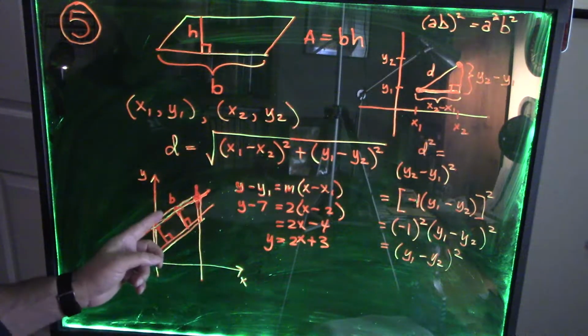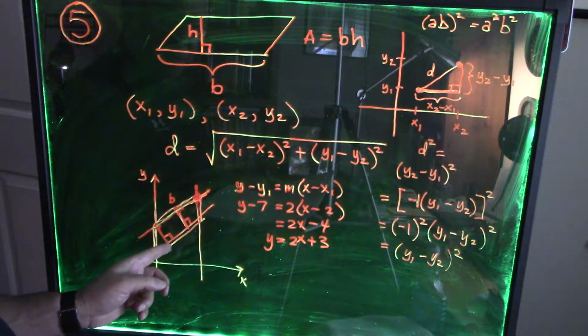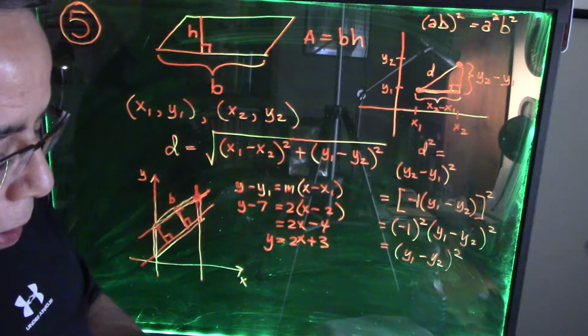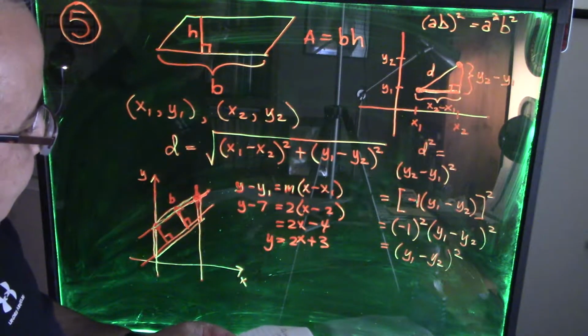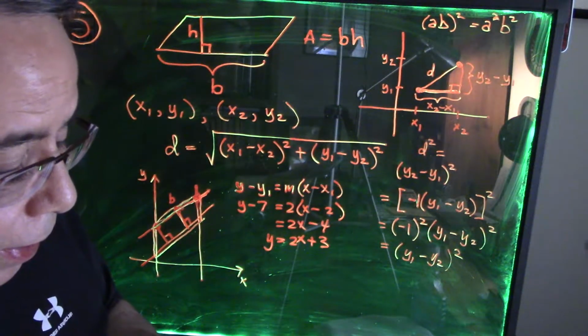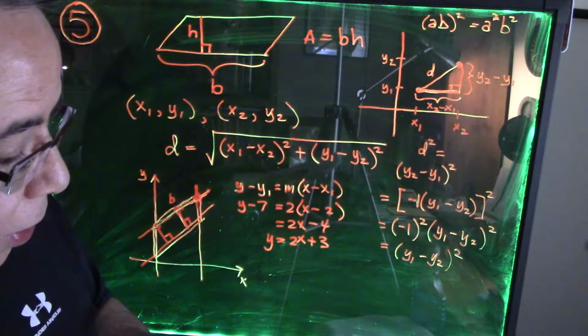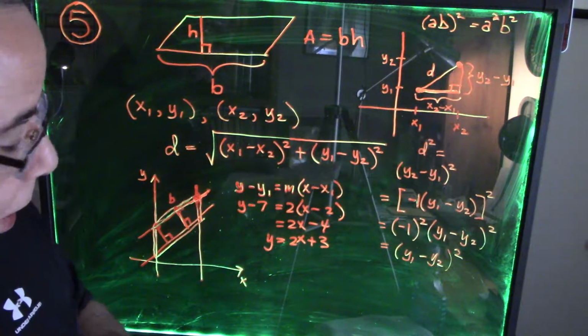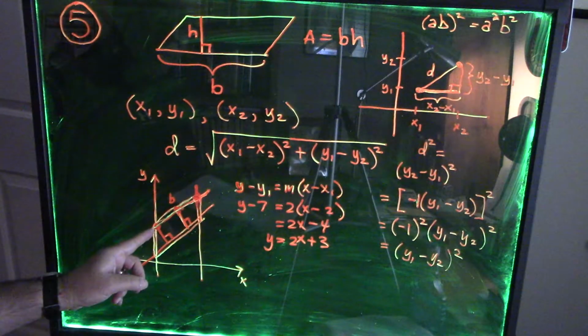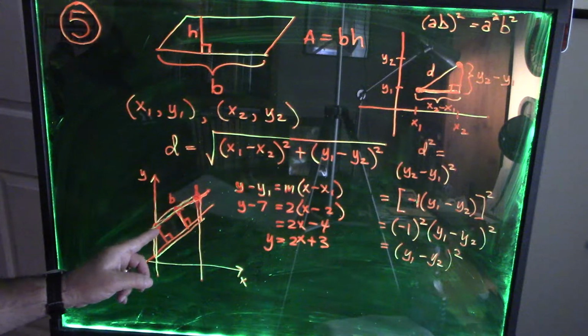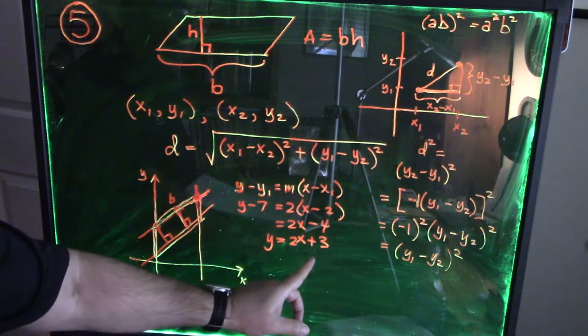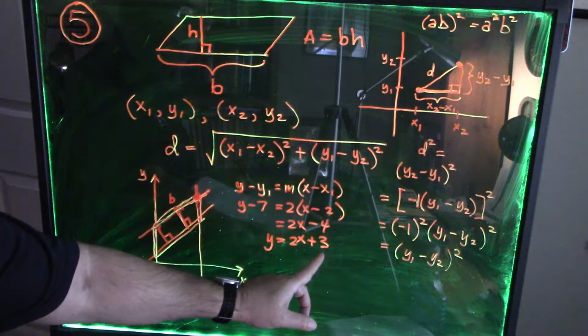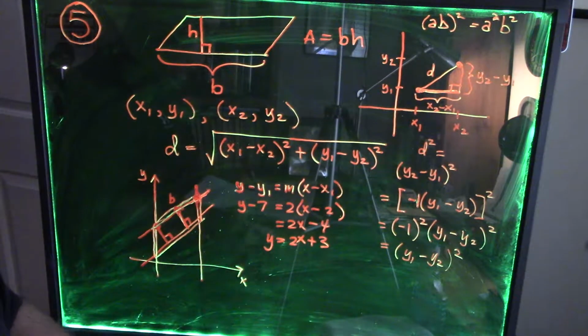The slope of these lines is 2, so the perpendicular will have slope -1/2. It's the negative reciprocal of 2. Then you use the point slope equation. We said we were going to use this point here, the y-intercept of that line. What's the y-intercept? It's 0, 3. You can read it right off of there. So we'll use the point 0, 3 and the slope -1/2.